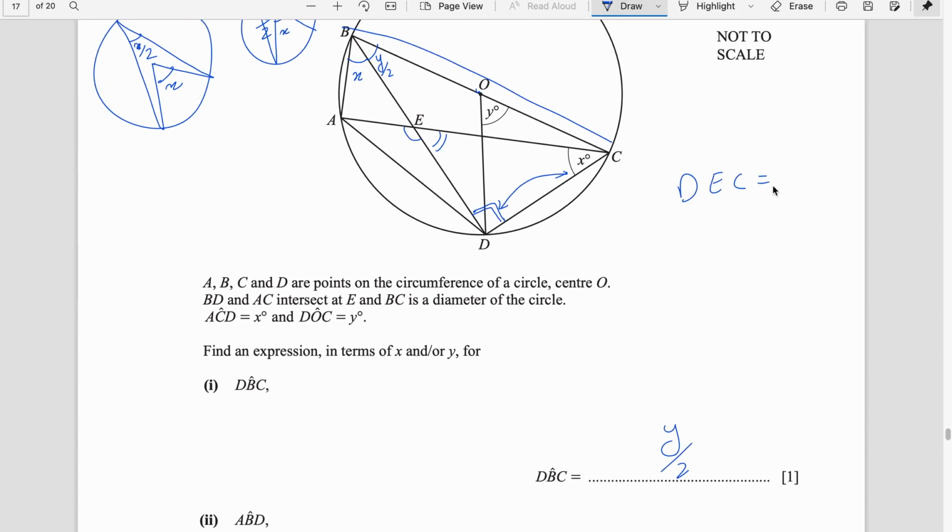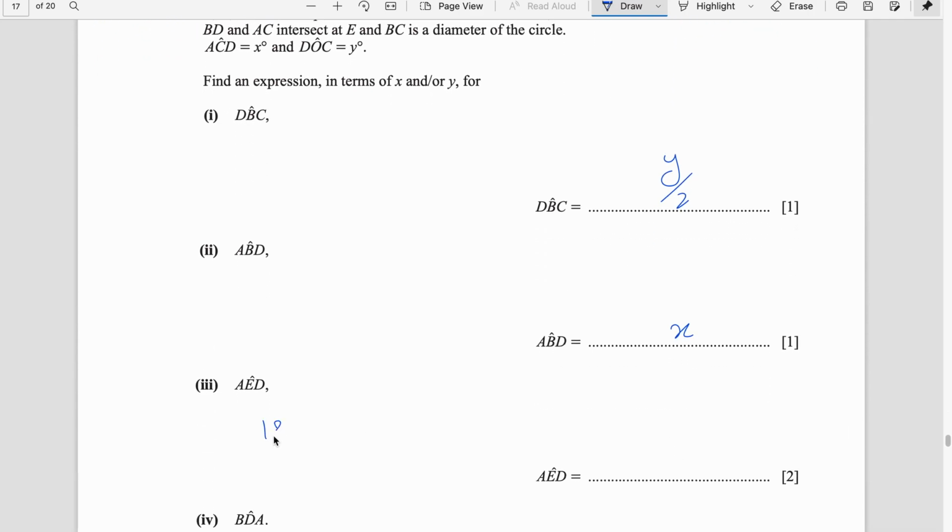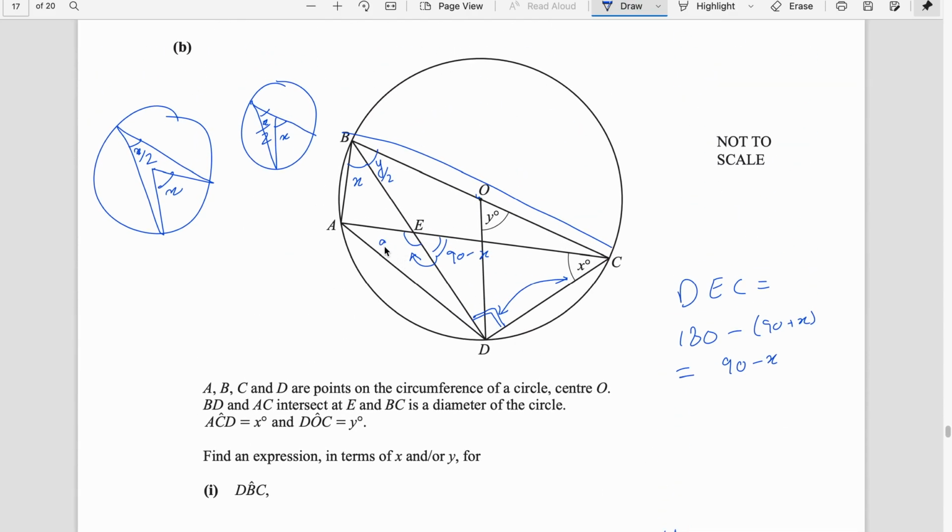DEC is 180 minus 90 plus x is 90 minus x. So we have this angle 90 minus x, and this right here is again adjacent angle on straight line. So 180 minus 90 minus x, and we get 90 plus x. So this right here is 90 plus x.